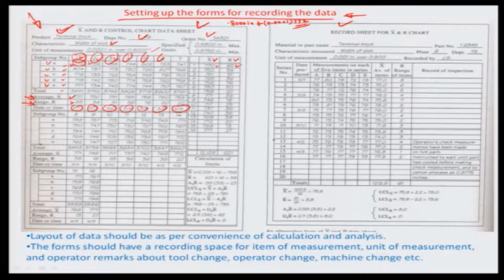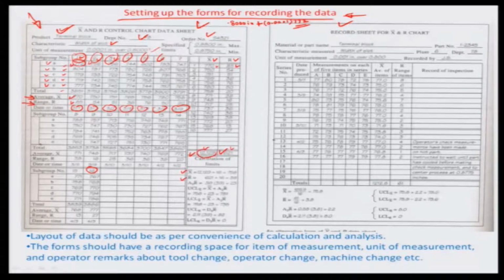So we are reporting 85, and this way between 1 to 16 subgroups that the recording has taken place, you have the various X bars and the various ranges. So it is the total of all X bars and the total of all ranges. From that you can calculate the average by just dividing it by 16, the number of subgroups, and that way you can calculate the X double bar and R bar.